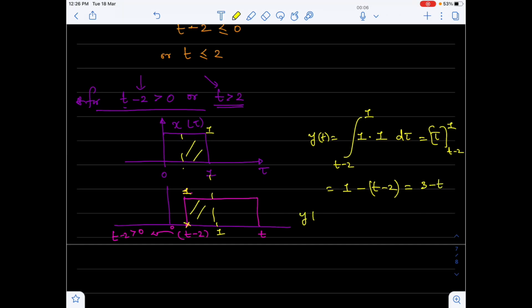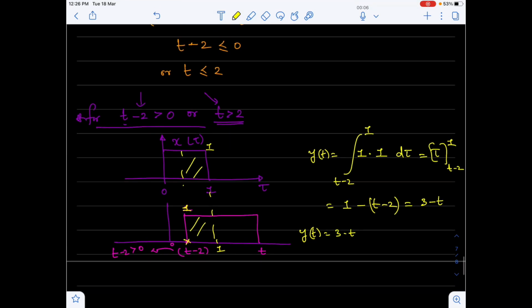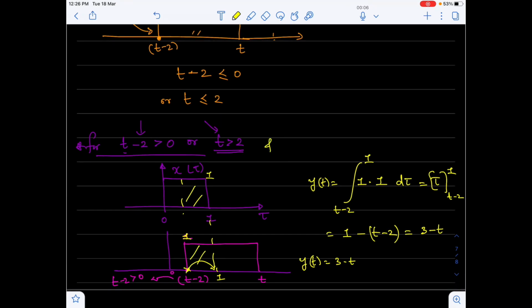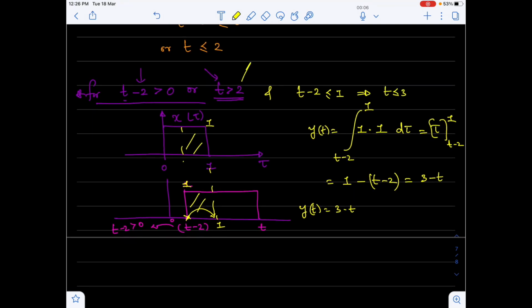So this is my output. But this output, y of t equal to 3 minus t, is valid until the point where t minus 2 reaches 1. That means t minus 2 should be less than or equal to 1, which implies t is less than or equal to 3. So this is happening for t greater than 2 and less than or equal to 3, between 2 and 3.